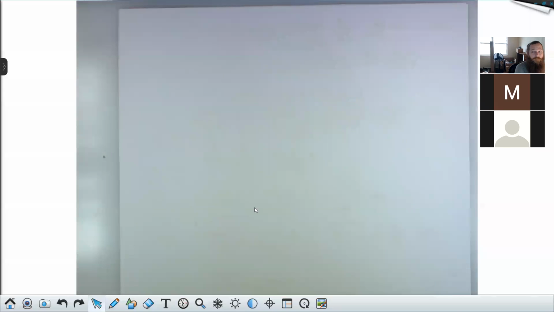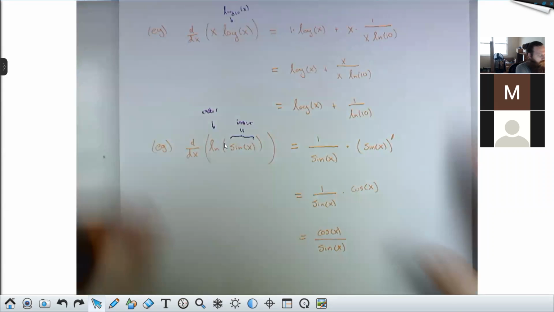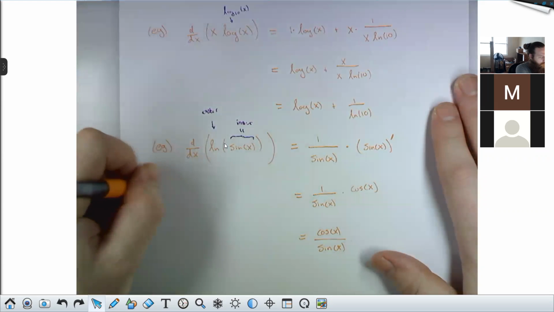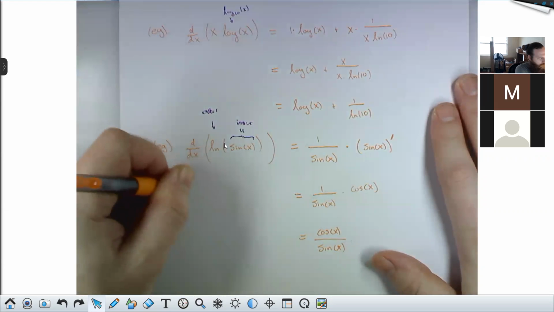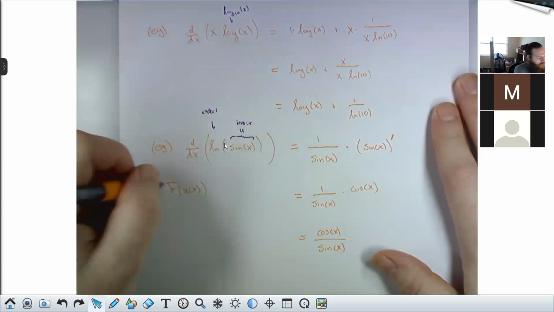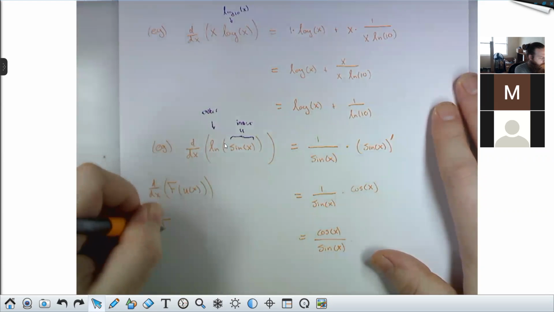Can I ask you a question about that really quick? So for the chain rule, it's the derivative of the outer times the derivative of the inner. If you're going to differentiate f of u of x, you differentiate the outer, leaving the inner alone.